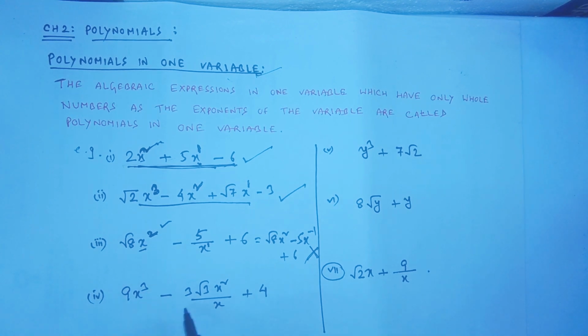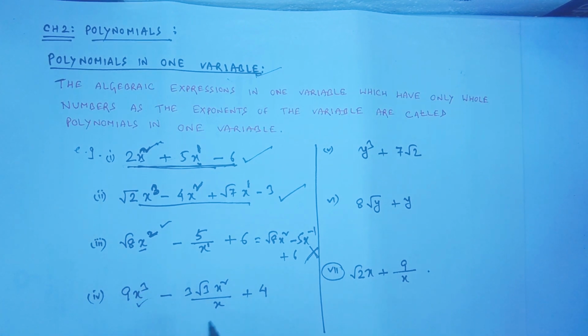9x cube minus 3 root 3 x square by x plus 4. You see here it is in one variable x, the first one is okay. Second condition, the variable must have exponents as whole numbers. Here it is x cube, exponent is 3, a whole number.